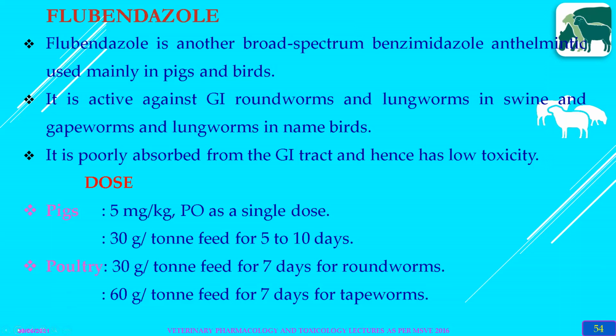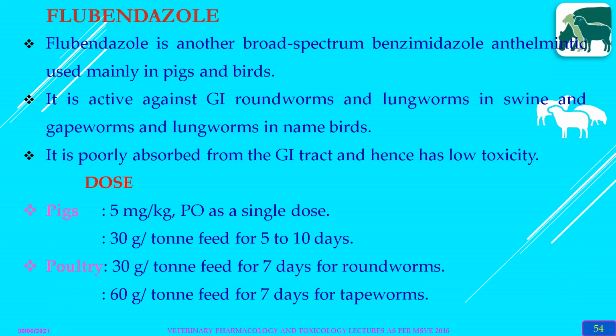Then flubendazole is another broad spectrum benzimidazole used mainly in pigs and birds, and it is active against GI roundworms and also lungworms in swine, and the gapeworm, also known as Syngamus trachea, in birds.